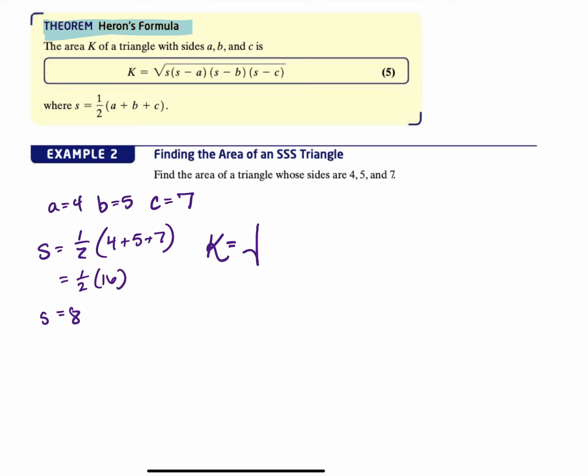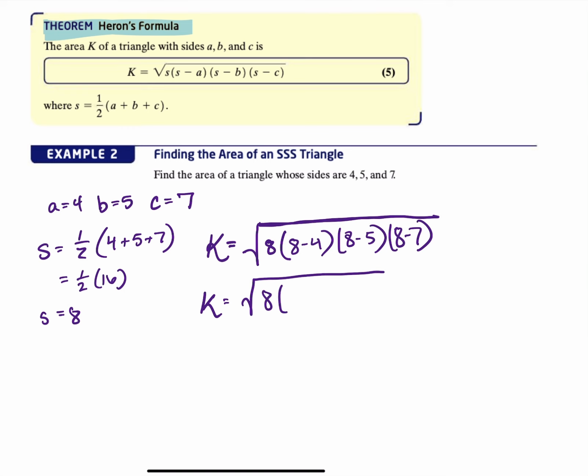K is equal to the square root, where we have S, so 8, times 3 factors where we subtract each of these side lengths from S. So 8 minus 4 times 8 minus 5 times 8 minus 7. So that would be 8 times 4 times 3 times 1. So 8 times 4 times 3, that's 12 times 8. So K is equal to the square root of 96.